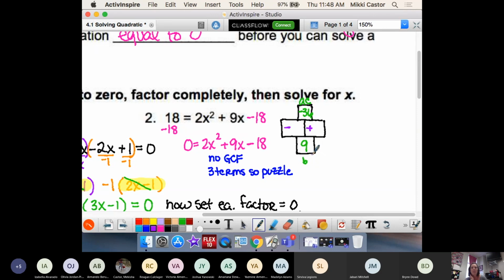So what are 2 factors of 36? One negative and one positive. When you add them up, we end up with 9. So I'm thinking that should be 12 and 3. Okay, negative 3 times 12 gives me negative 36. Negative 3 plus 12 gives me positive 9.